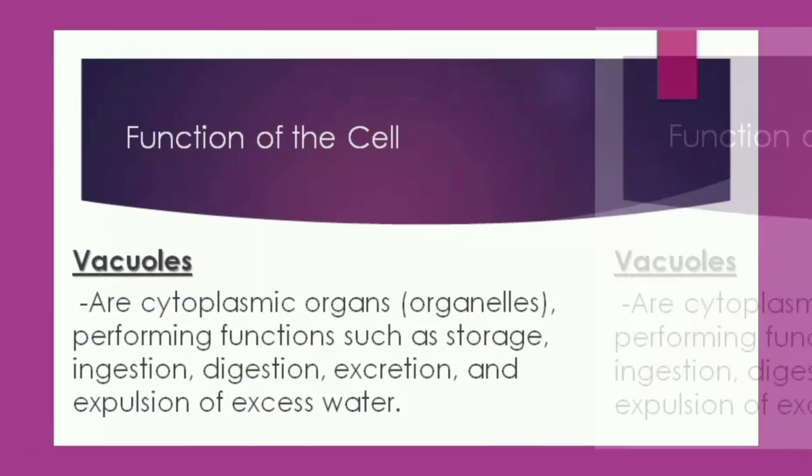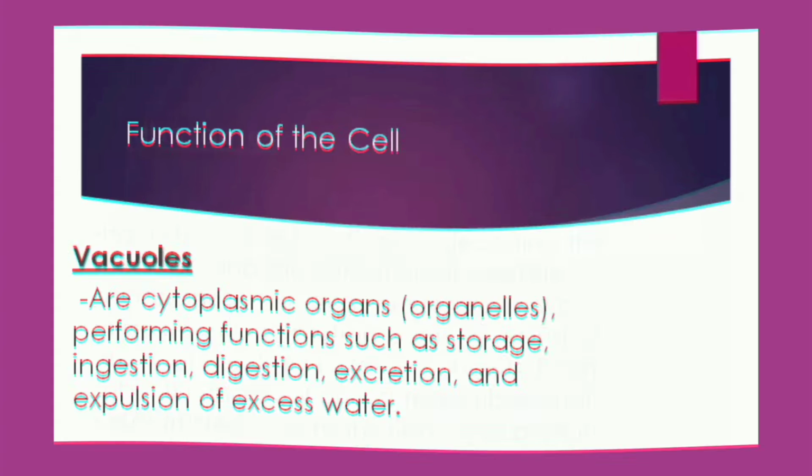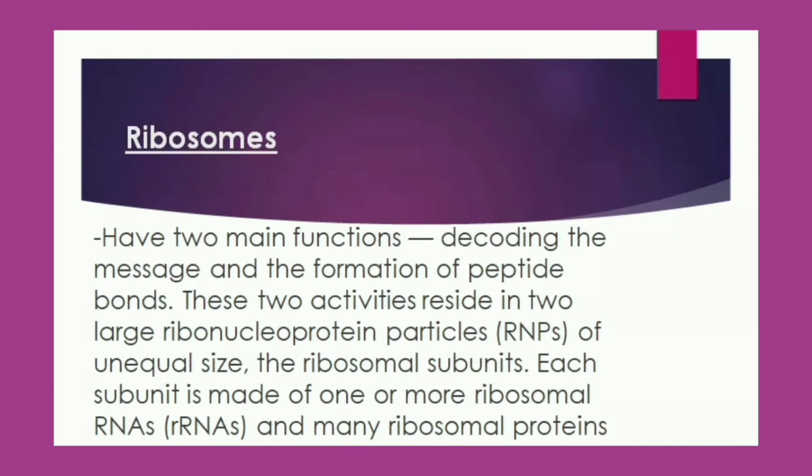Function of the cell. Vacuoles are cytoplasmic organelles performing functions such as storage, ingestion, digestion, excretion, and expulsion of excess water. Ribosomes have two main functions: decoding the message and the formation of peptide bonds.